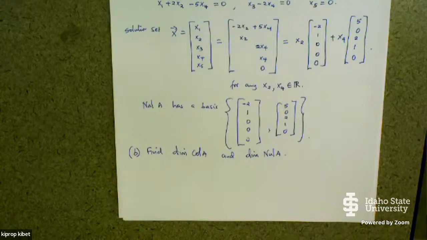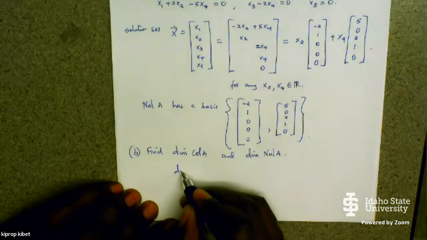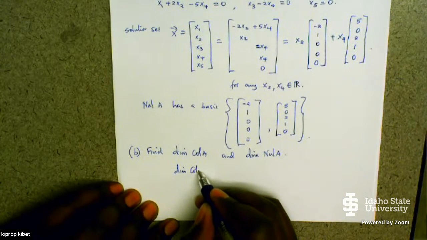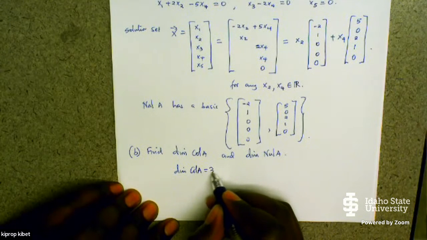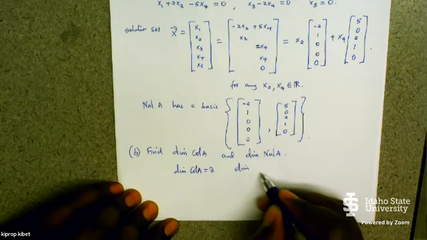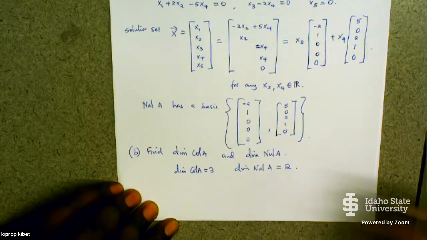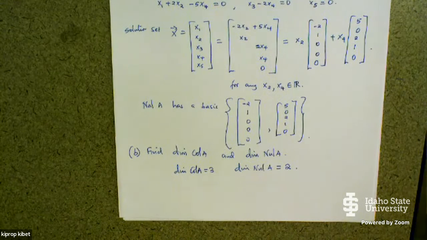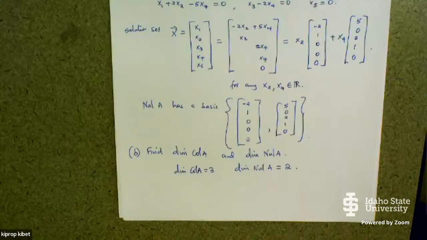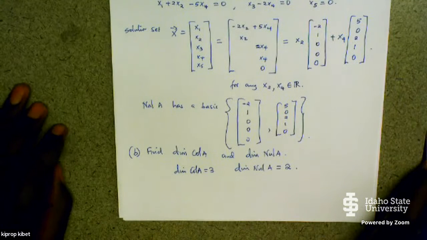There are how many? 3. So the dimension of column space of A equals 3. The dimension of null space of A equals what? Equals 2. Okay.